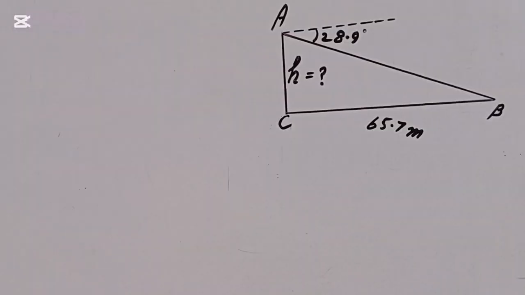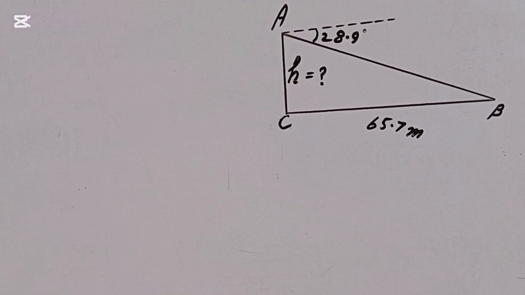Over here in the figure, this is the distance between the boat and the cliff. This is the position of the cliff and this is the position of the boat. This distance is given to us, and the angle of depression from the top of the cliff to the boat is this one, 28.9 degree.